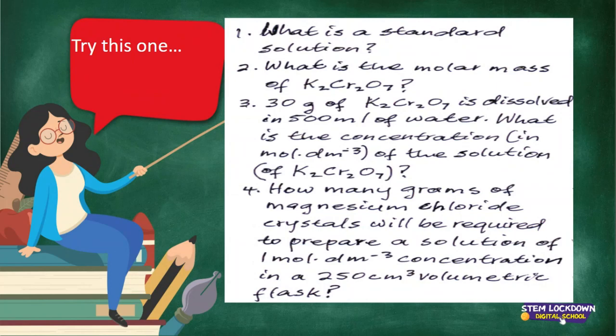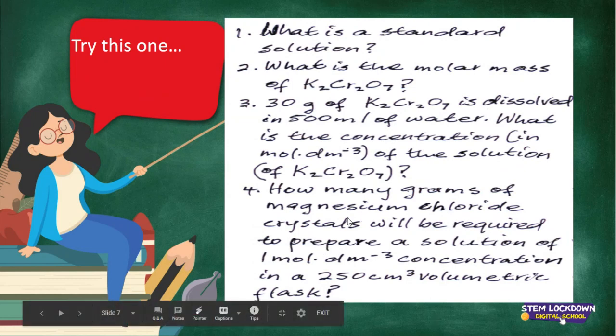What is the concentration in mole per cubic decimeter of the solution? And how many grams of magnesium chloride crystals will be required to prepare a solution of 1 mole per cubic decimeter concentration in a 250 cubic centimeter volumetric flask?